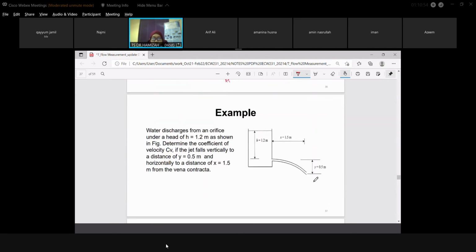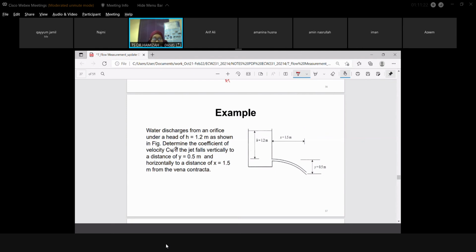Then we also have to calculate how far the water jet goes. The distance has two terms, X and Y: the X direction and also how high the water jet can go. Okay, so it has a head of 1.2 meter.